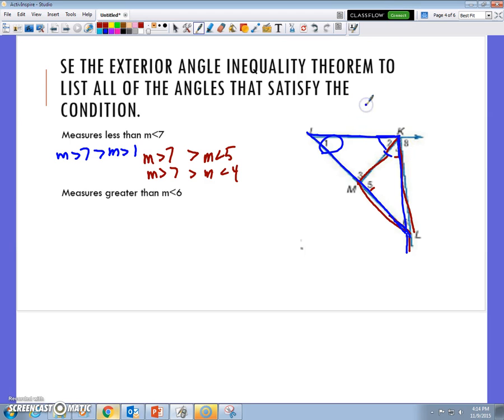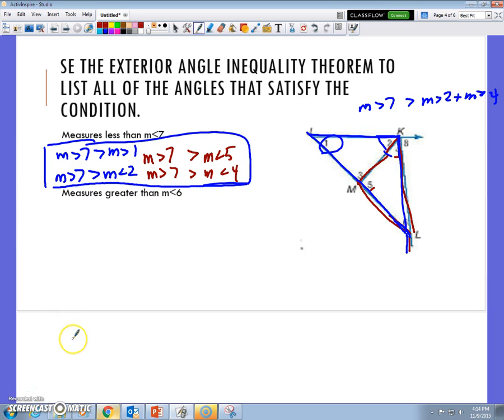So I know that angle 7 is bigger than angle 2 plus measure of angle 4. So I can conclude that it must be bigger than measure of angle 2, and I already knew it was bigger than the measure of angle 4. So there's 4 angles that I can tell through the exterior angle inequality theorem that I know for sure that angle 7 must be bigger than.